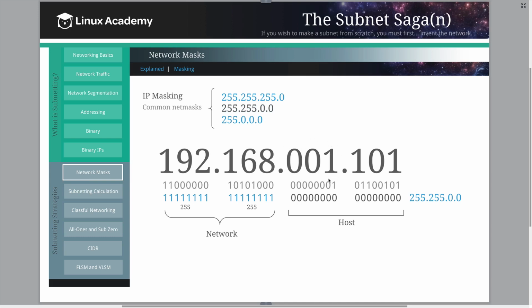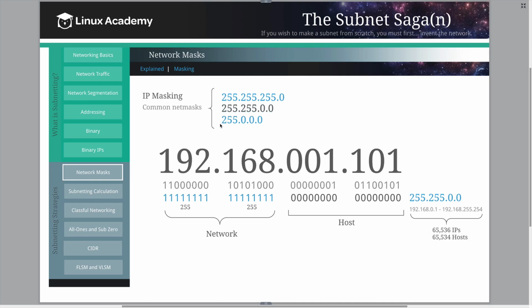This is instead being included in the host portion. This is the .0.0. And what we end up with is a range 192.168.0.1 to 192.168.255.254. So it's more than 65,000 IPs and hosts.